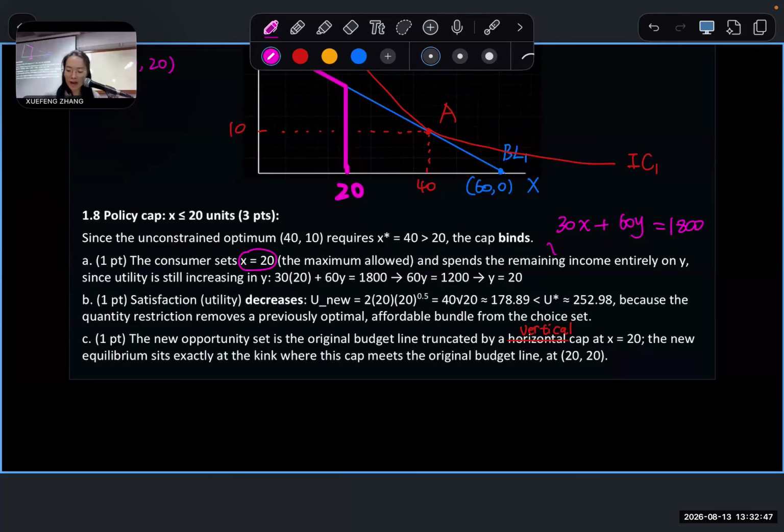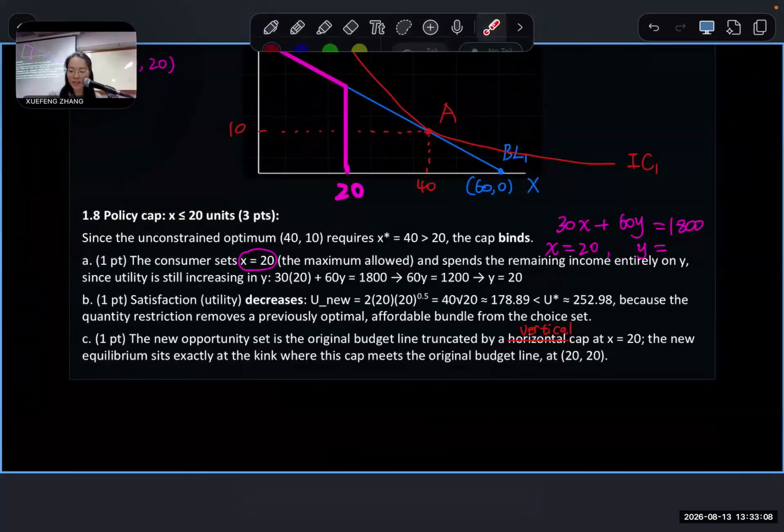So right now, x equal 20. Can you calculate how many y the consumer can buy? Use your phone. Calculate it now. If x equal 20, y equal, how to calculate? You plug in 20 here.